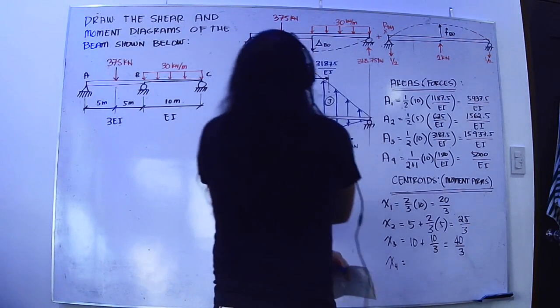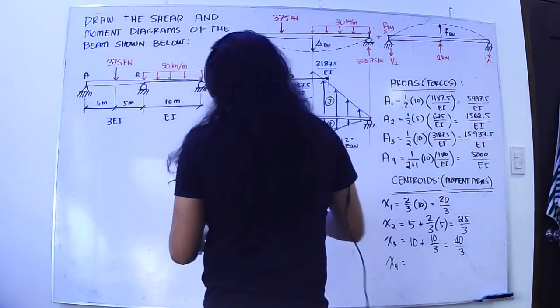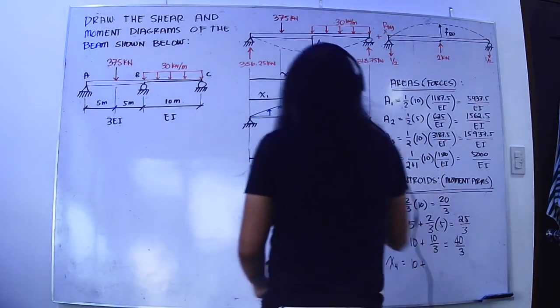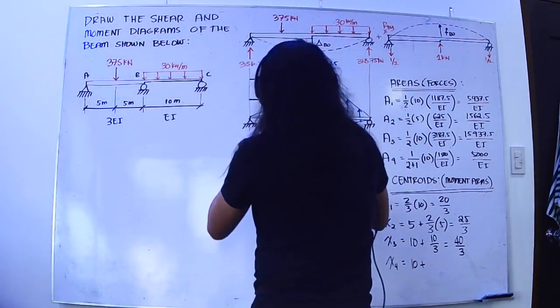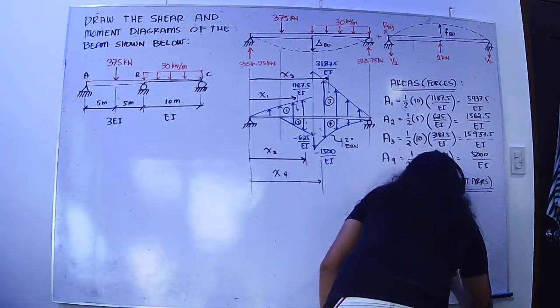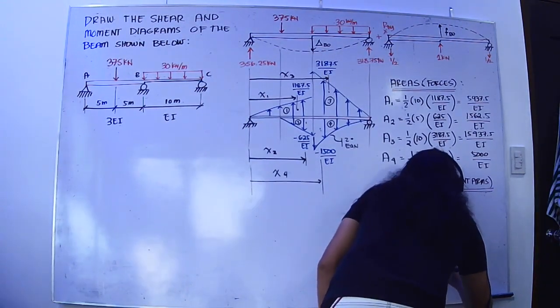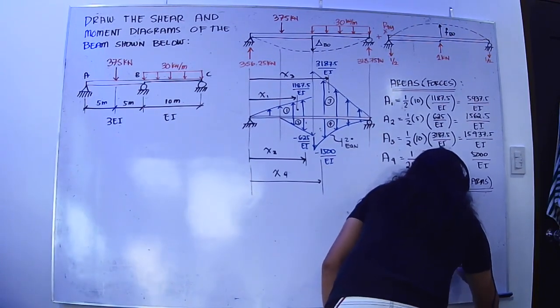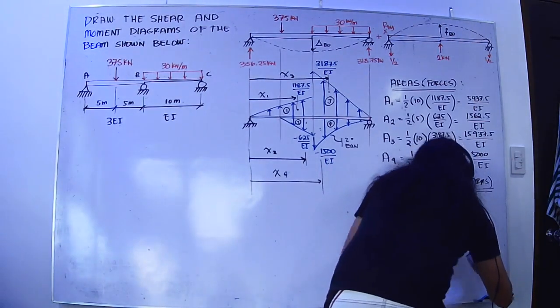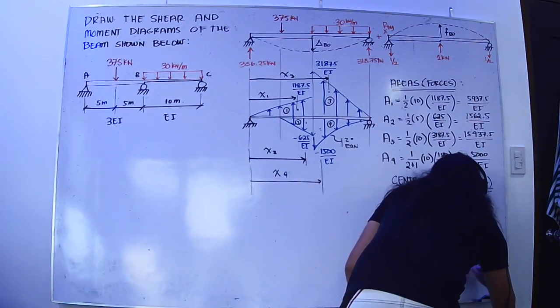And finally, x4 is just equal to 10 plus, which is equal to 10. This is a second degree equation, so I'm using 2 plus 2. Okay? So 10 plus 10 over 2 plus 2, that is 25/2.